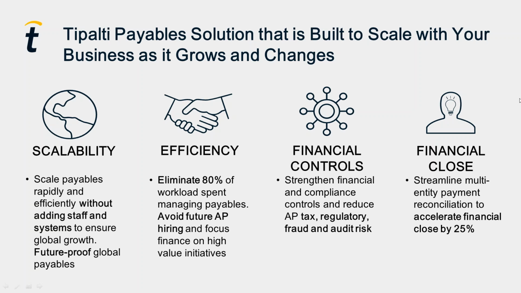So how do you do that? As an example, we have cross-border payments in 120 currencies in 190 countries and 6 different payment methods that I talked about in the earlier slide. We also provide robust multi-entity capabilities to enable you to manage multiple subsidiaries in a single instance with consolidated headquarter views.